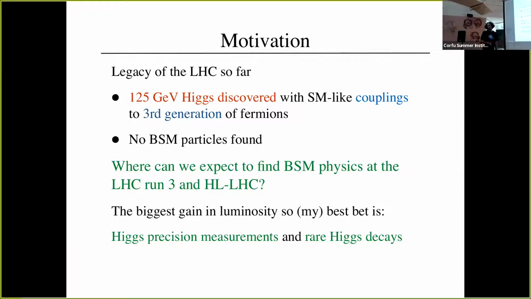This is kind of subjective, but to me the best progress can be obtained in Higgs physics, precision measurements, and rare Higgs decays, mainly because the high luminosity LHC will improve the luminosity. It will be an order of magnitude improvement in terms of data, while the energy will stay more or less at the same level, so we don't access really new mass scales with the upgrade.